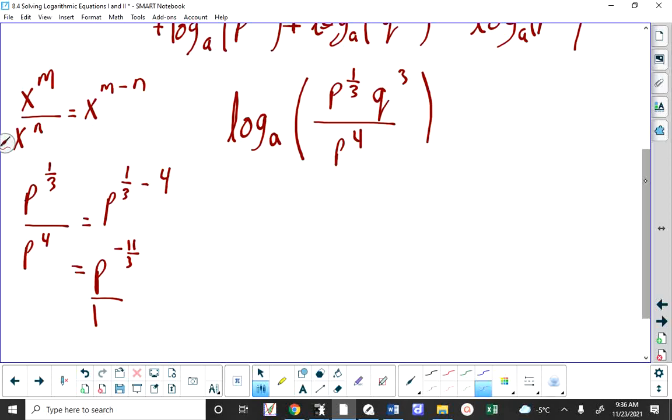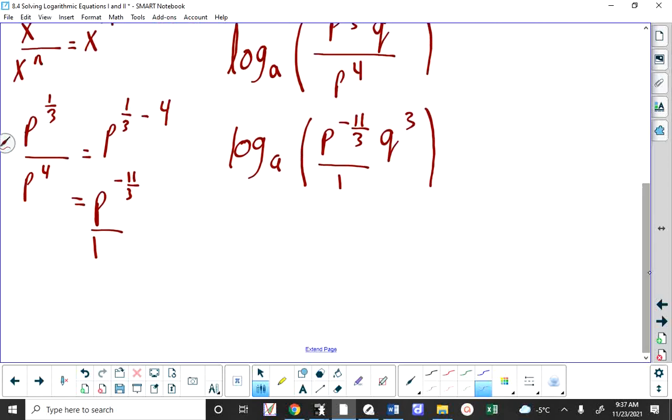So what we have is log base a of p to the negative 11 thirds multiplied by q to the 3. But we don't like negative exponents. So we would probably take what we learned in Math 10 and write that as over p to the 11 thirds. Is that okay? You're welcome.